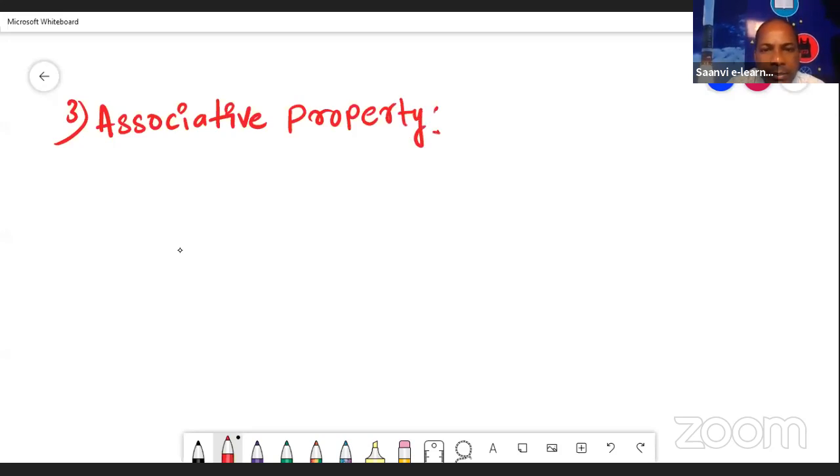So what is associative property? Let us see. It is also the same as commutative property.